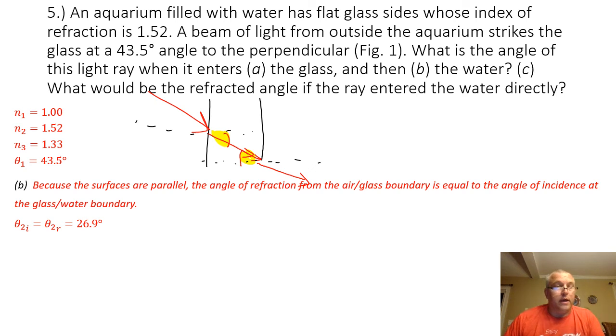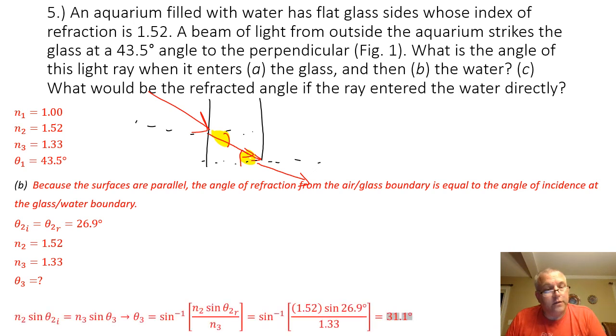I know that my index of refraction for the glass is 1.52, and my index of refraction for the water is 1.33, and we are looking for the angle of refraction into the water, or theta 3. Once again, I'm going to be using Snell's law, but in this case, I'm going to be using subscripts 2 and 3 because I am dealing with the glass and the water.